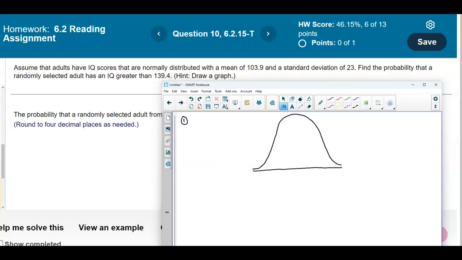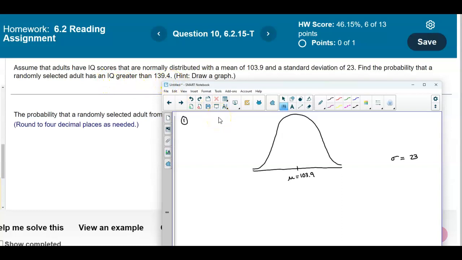Okay, so we know that the mean is given to be 103.9. We also know that the standard deviation that's given is 23. And then in the question it says, find the probability that a randomly selected adult has an IQ greater than 139.4.